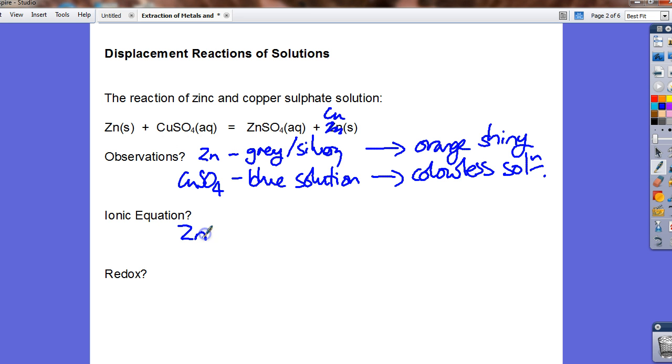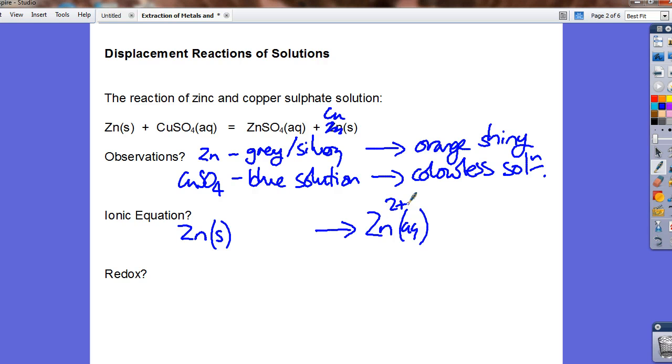Our zinc goes from zinc metal to zinc in solution, and as it's bonded to a sulfate, we know now that zinc has got a charge. We can see that from here. Sulfate, we should know the charge is 2 minus, and zinc is 2 plus. So we actually go from zinc solid to zinc aqueous, which has a 2 plus charge.